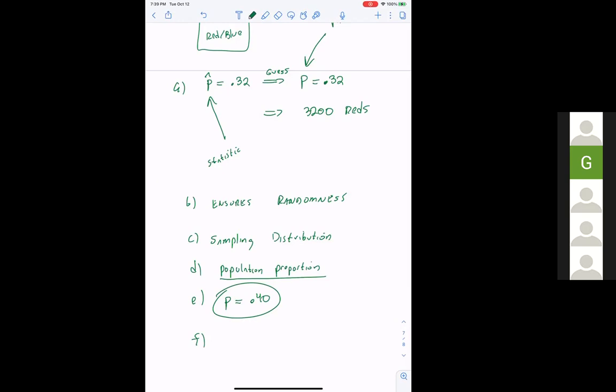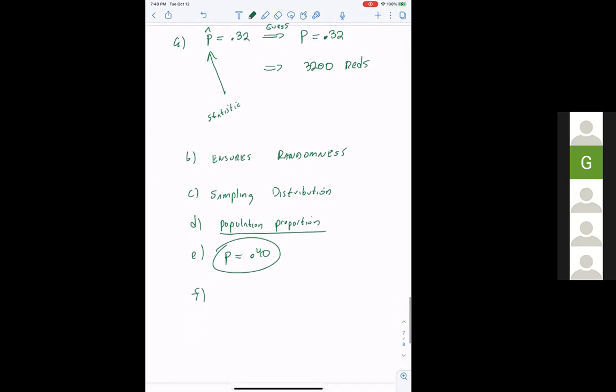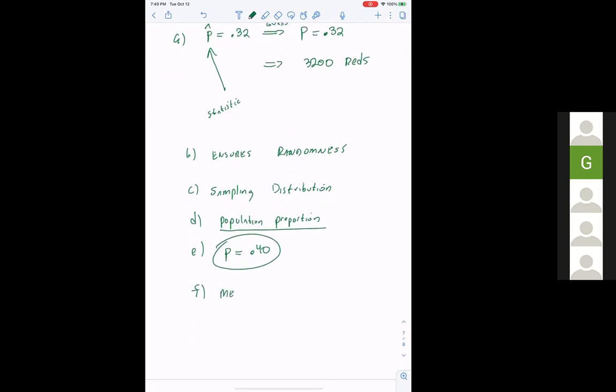It looks like 28%. It says use the information in the textbook to determine the mean, standard deviation, and shape of the sampling distribution of p hat, and round the standard deviation off to 2 decimal digits. How would I find the mean? How would I find the standard deviation? And what is the shape?